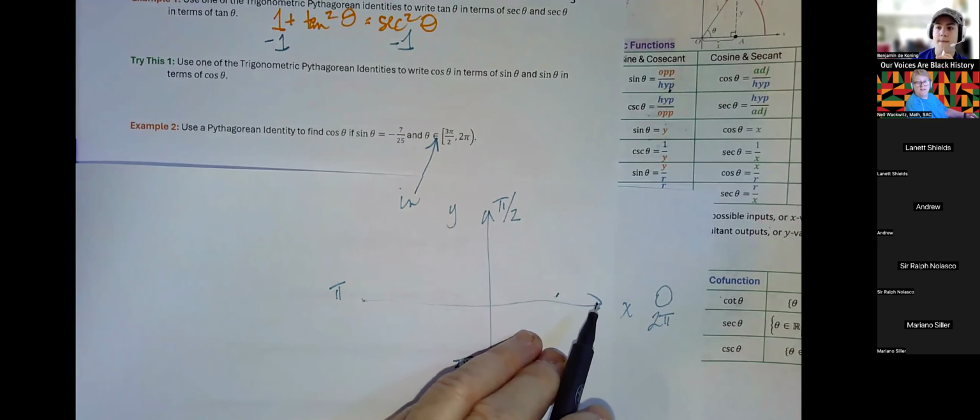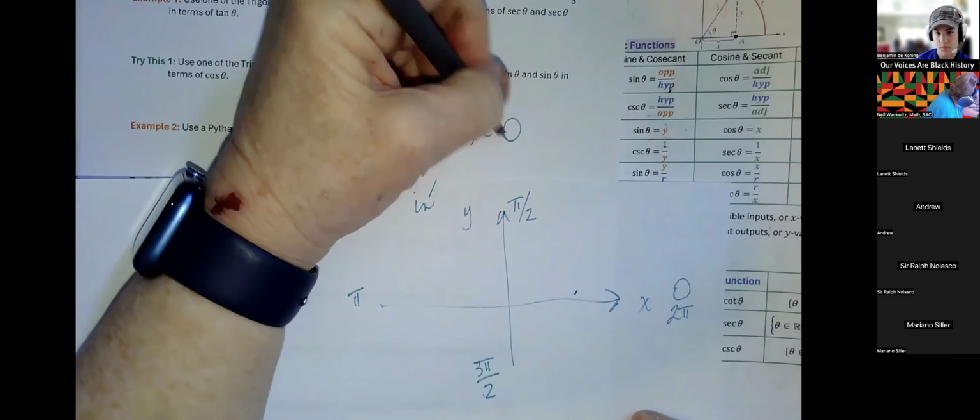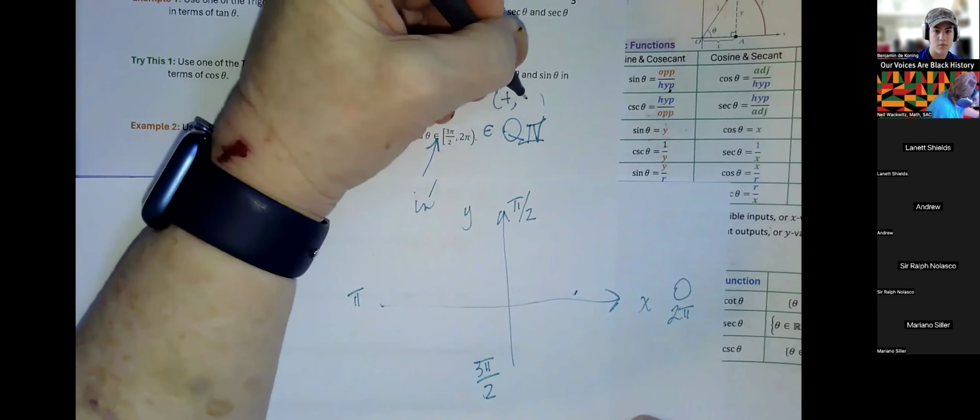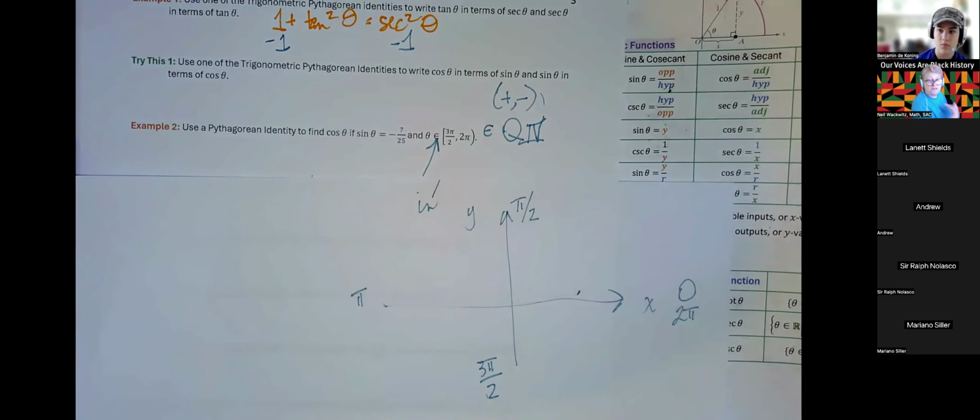So what quadrant is this indicating? Quadrant 4, that's right. Beautiful. All of these notations need to be something that you feel pretty comfortable with.